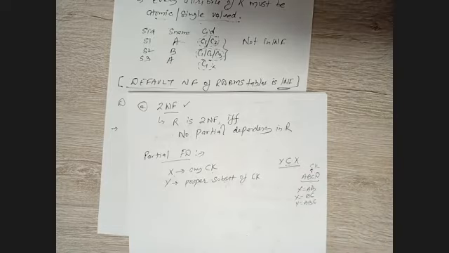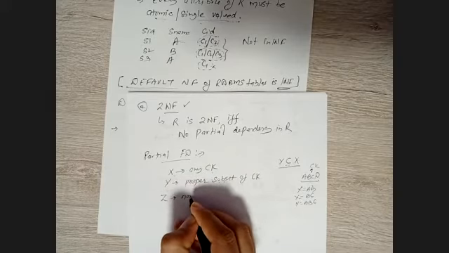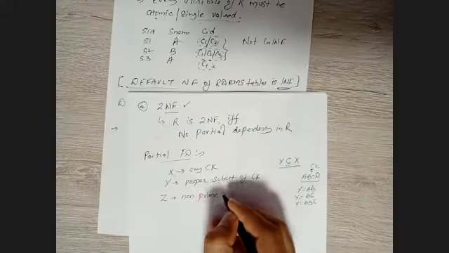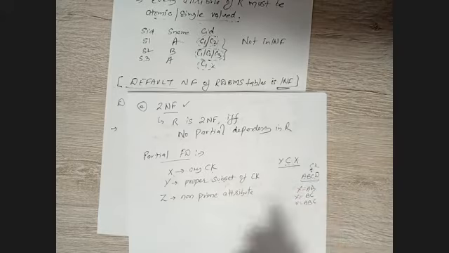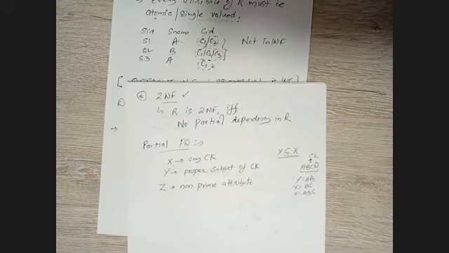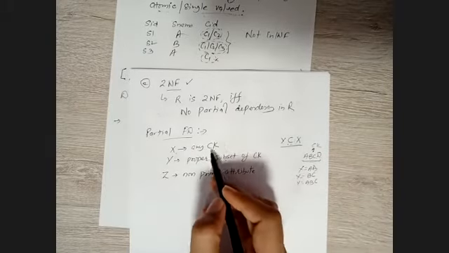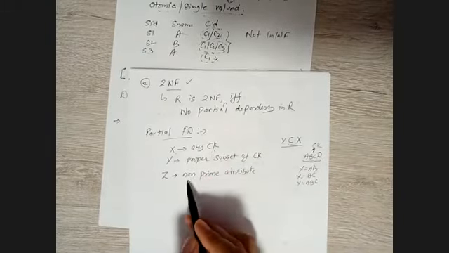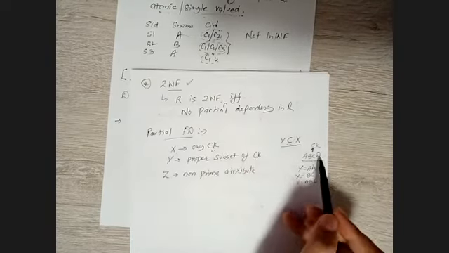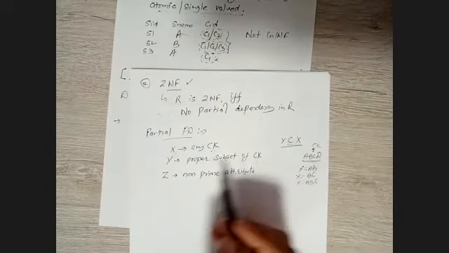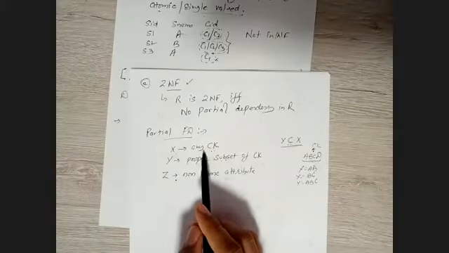And Z is my non-prime attribute. Probably when we did the keys part, I told you what prime and non-prime attributes are. The attributes which are not present in the candidate key are non-prime attributes, and the attributes which are part of the candidate key are prime attributes. So Z is the rest of the attributes which are not present in the candidate key.